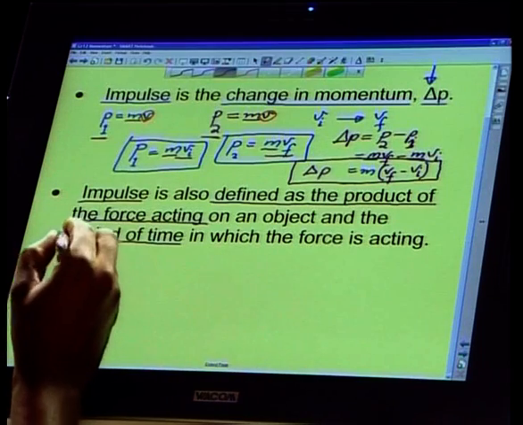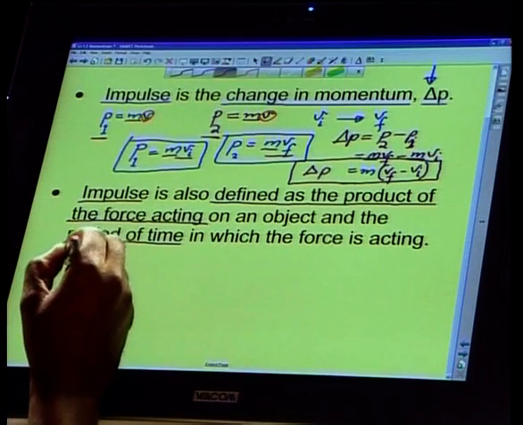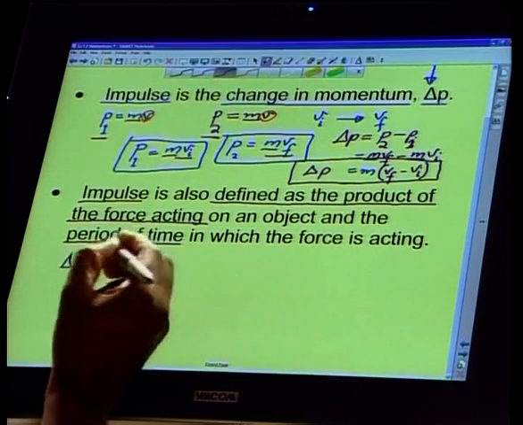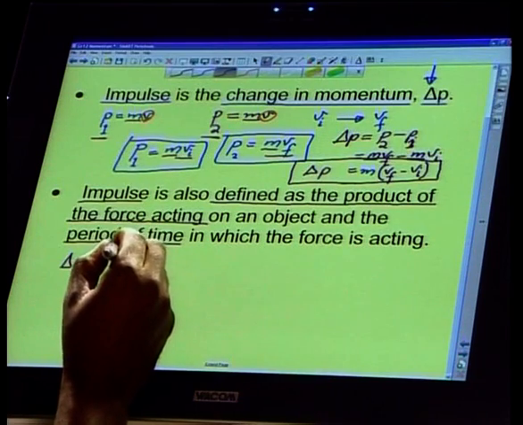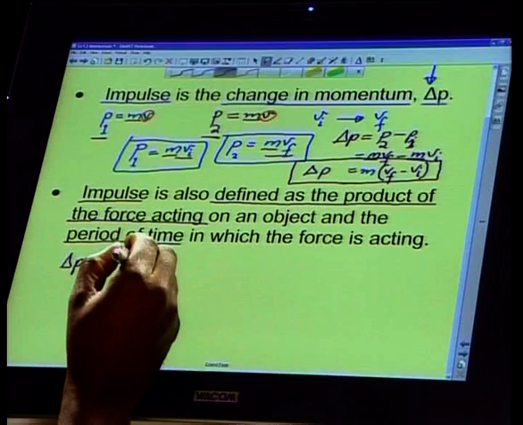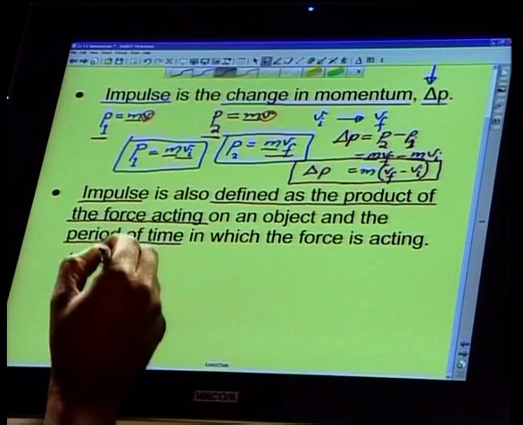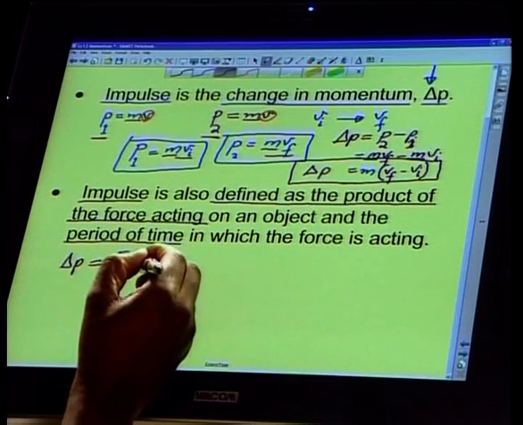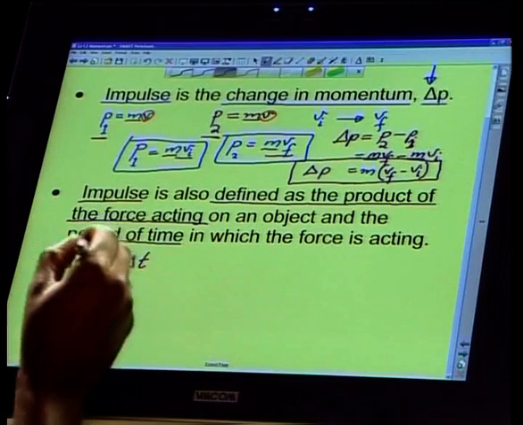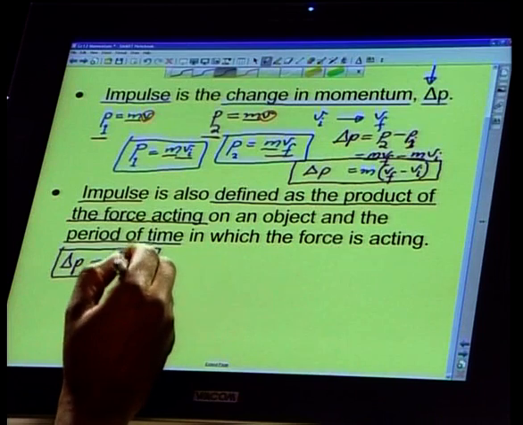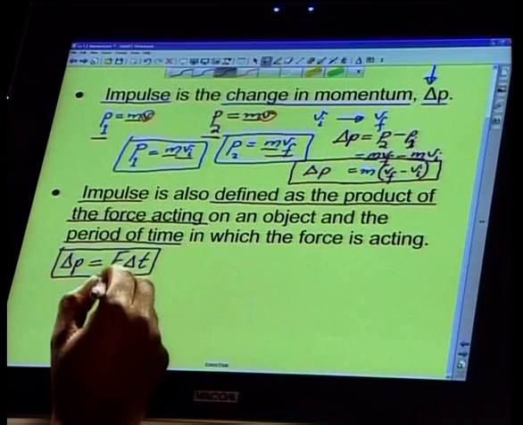Now, impulse or change in momentum is also defined as the product of the force and what? And time. So it will be force times delta T, the product of that. Okay? And this F delta T is the impulse.